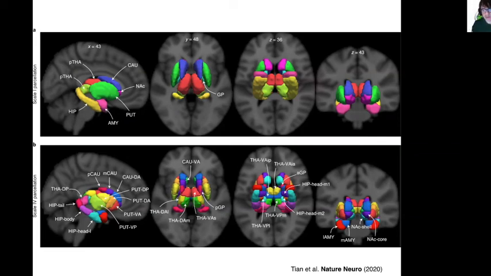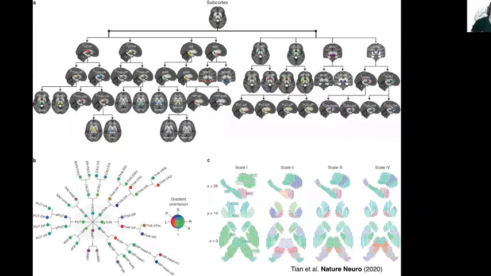Because this transition of magnitude of gradient is not the same between each region, you can start ordering it into different levels of segregation. These different levels of segregation, from scale 1 at the bottom right to scale 4, are suggested to be different levels of differentiation along evolution.